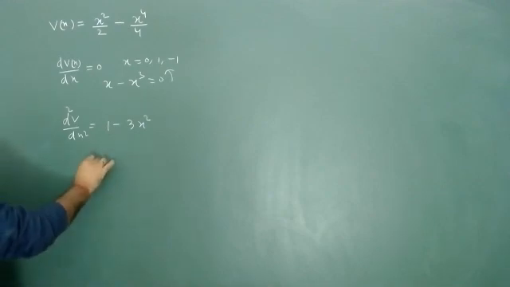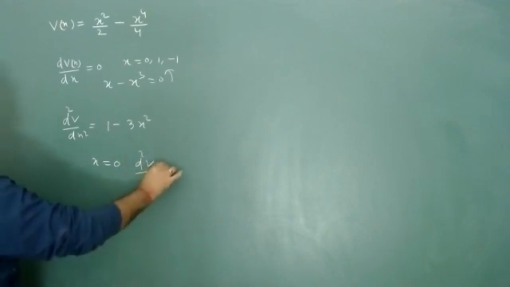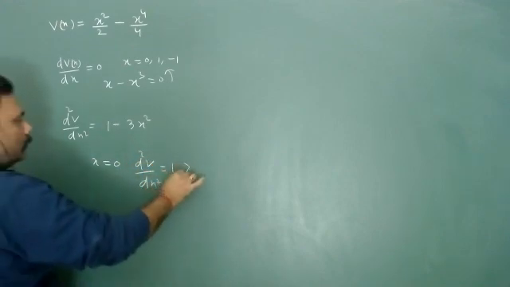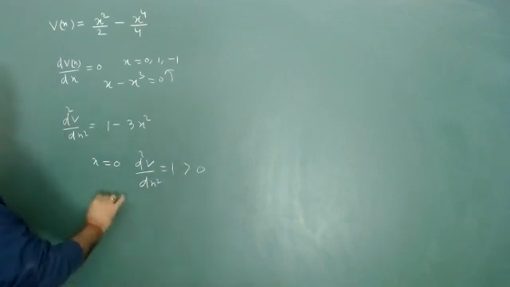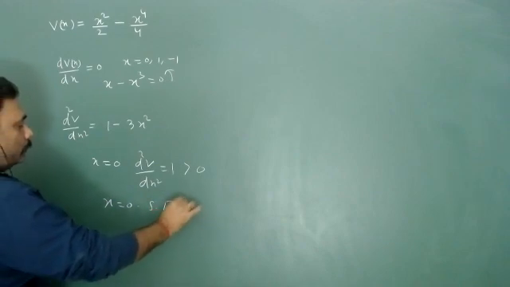At x equal to 0, d square V upon dx square is equal to 1, so it is greater than 0.